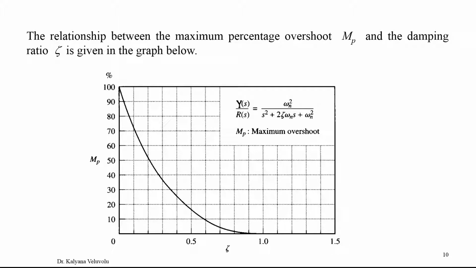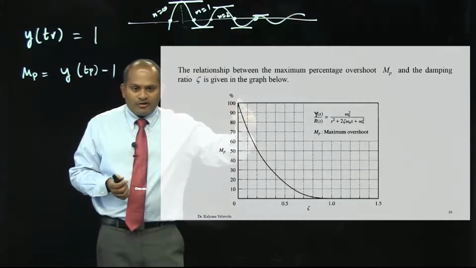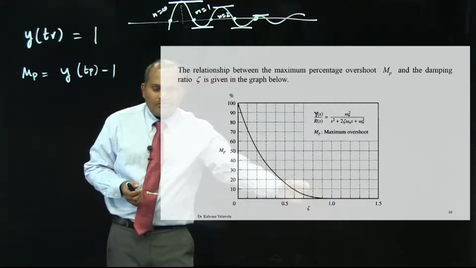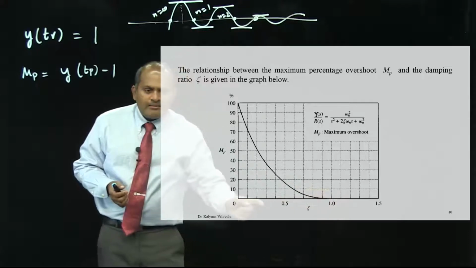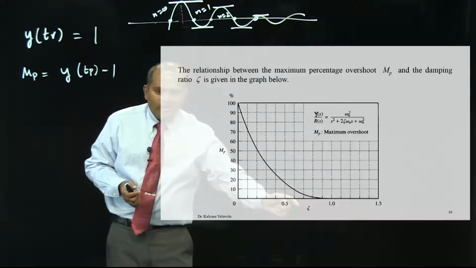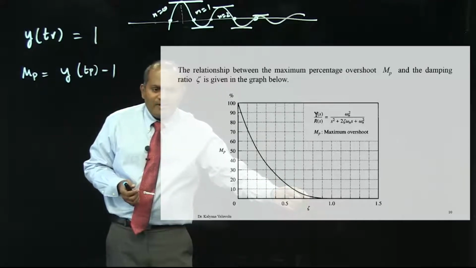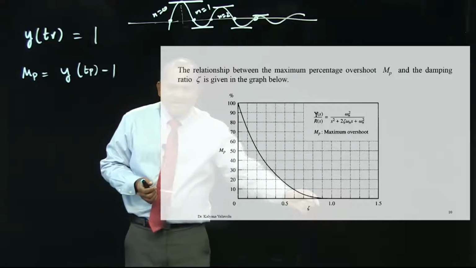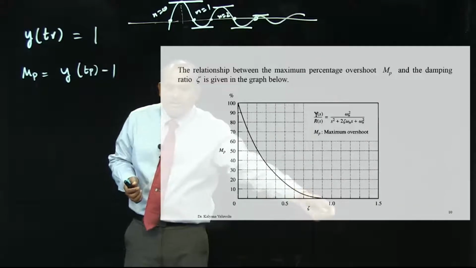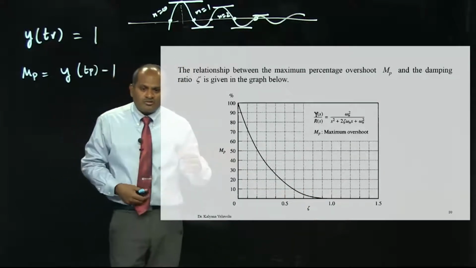When eta equals 0, you get 100% overshoot, but as eta increases, the overshoot decreases. For eta equal to 0.5, you get 20% overshoot, 0.6, 10%, 0.7, 5%, 0.8, 3%, 0.9, almost close to 0.